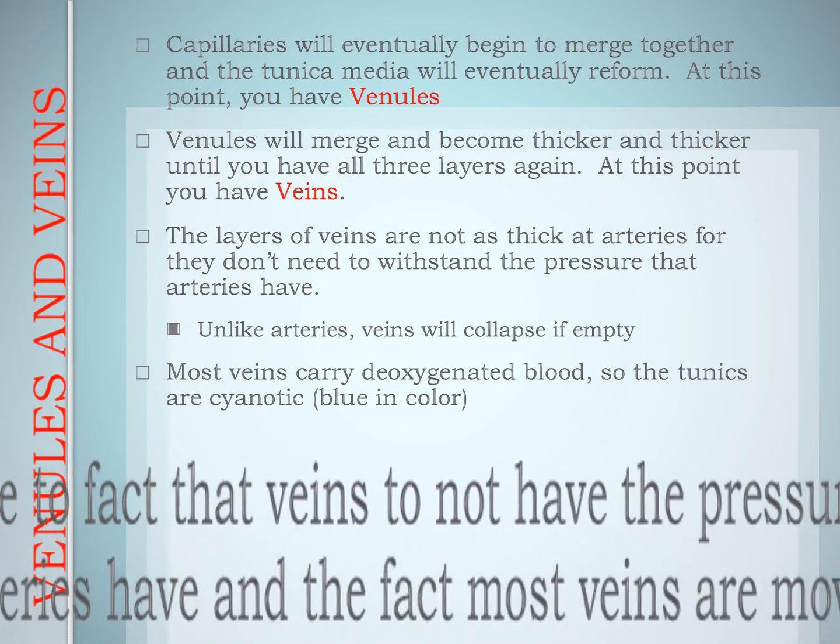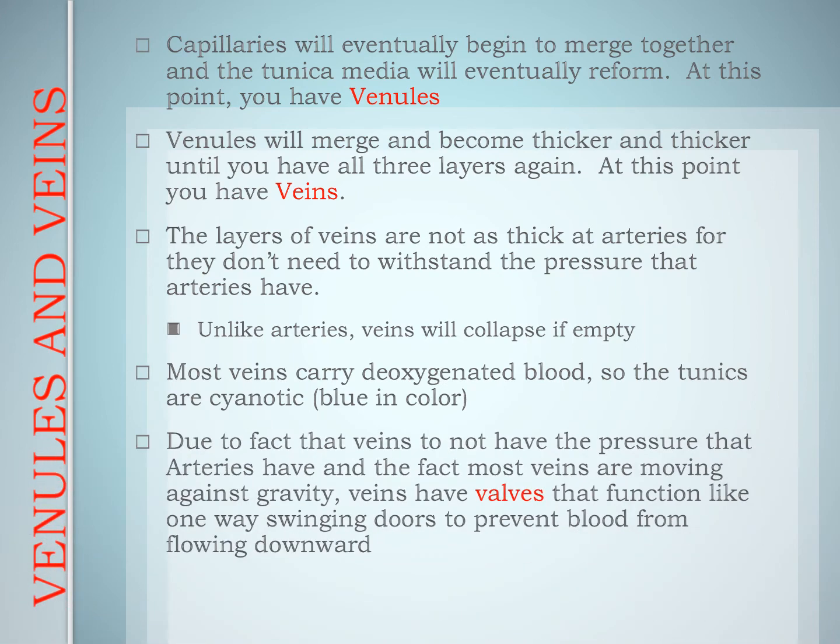But like I also mentioned, most of the veins are moving against gravity. Most of the veins in your body are coming up from your feet, and so they have to worry about gravity. So our veins have something that our arteries do not have. Every so many small amounts, I don't even know the exact amounts, we have what looks like a little swinging door. We have a valve, and those valves are there to make sure that blood is constantly moving up.